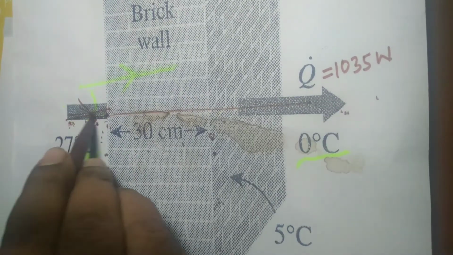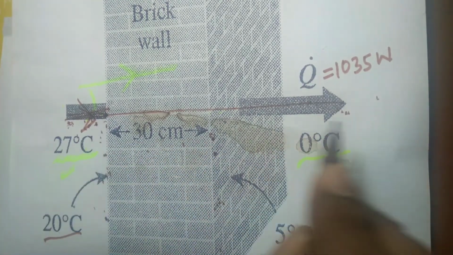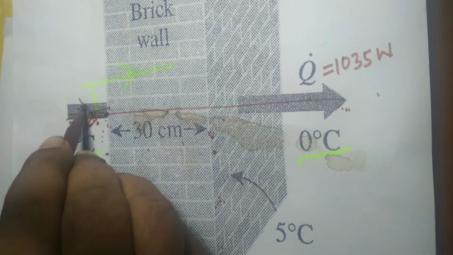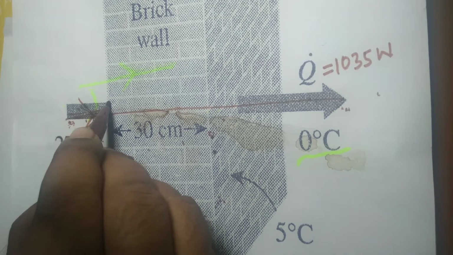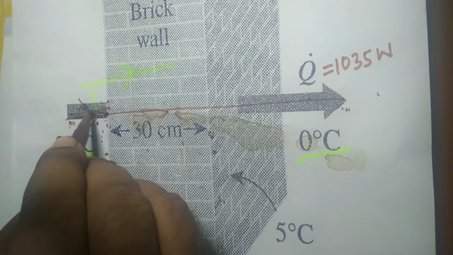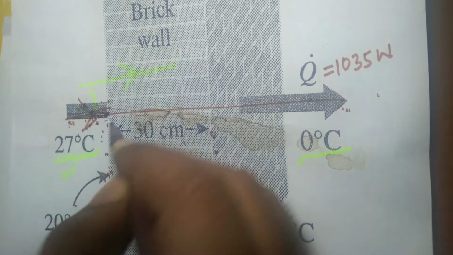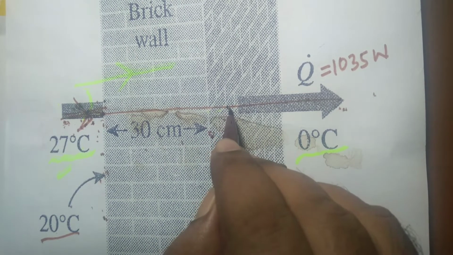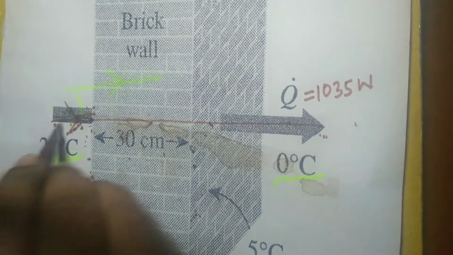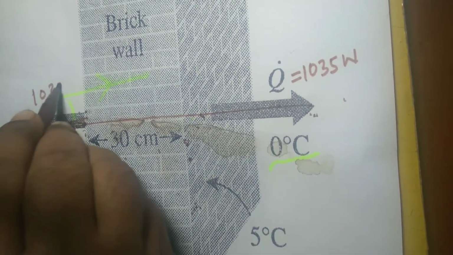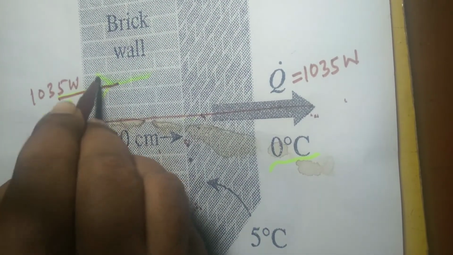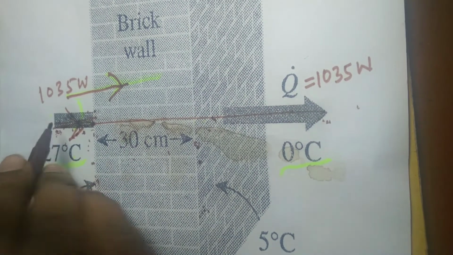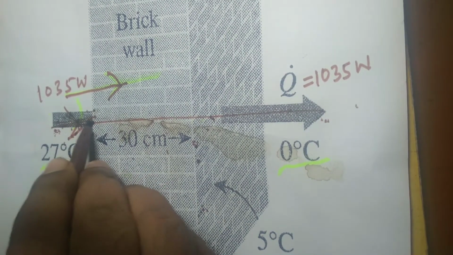So heat is continuously flowing in this direction, the same amount of heat. The amount of heat that crosses the wall from inside the room is 1035 watt, and the same amount of heat also goes out of the wall towards the outside. So here also 1035 watt of heat flows in this direction from inside the room towards the inside part of the wall.